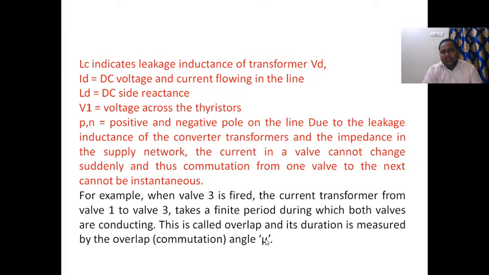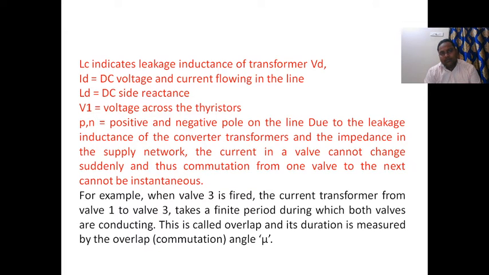Normally any two thyristors will be conducting, but in case the current is transferred from the positive valve to the negative valve, three thyristors are in conduction mode at a time: 1, 2, 3. Normally in the positive group one valve is conducting, and in the negative group another valve is conducting.